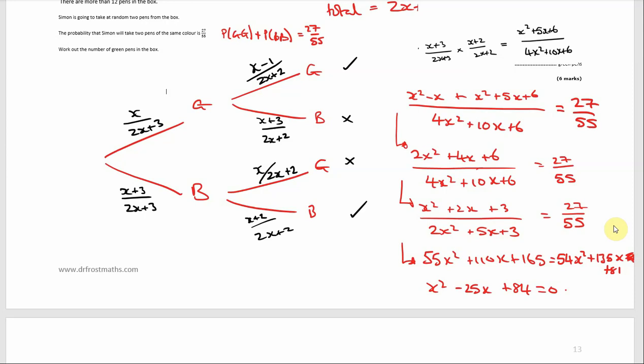Let's have a quick think. Let's just trial and error some divisions by 84. Can we do 16? No. Can we do 14? 14 and 6? Nope. Can we do that? Nope. See if you can beat me to it.